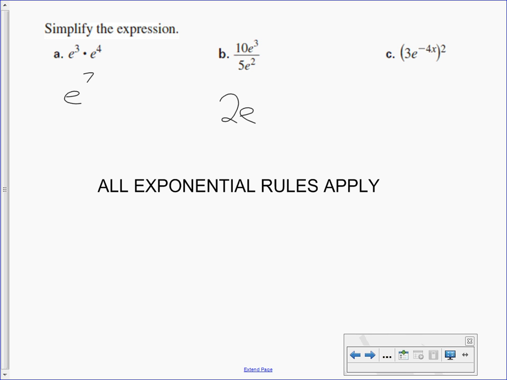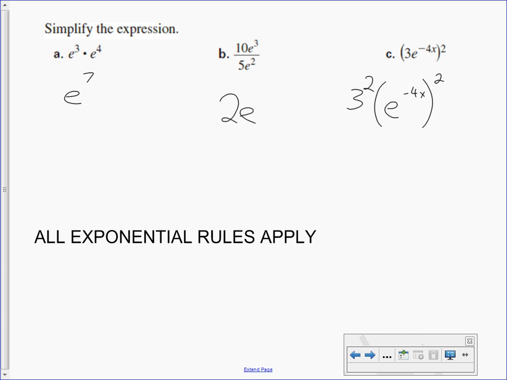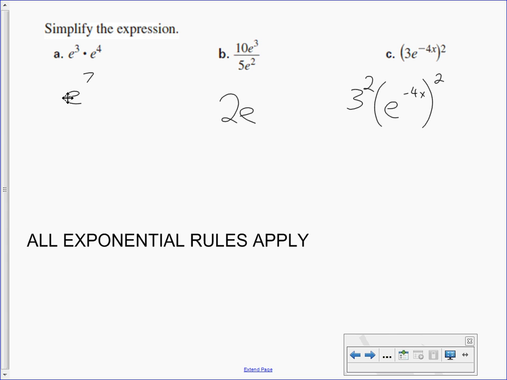And you're done. And then lastly, you have 3e to the negative 4x, all squared. What do you do with that squared term? You basically distribute it into both parts. So you have 3 squared, and then it's e to the negative 4x squared. So what's 3 squared? 9.